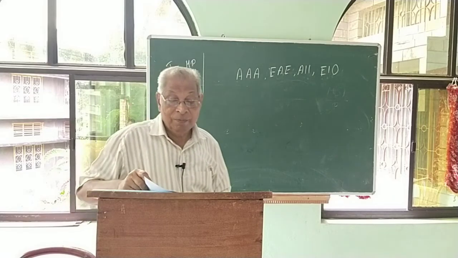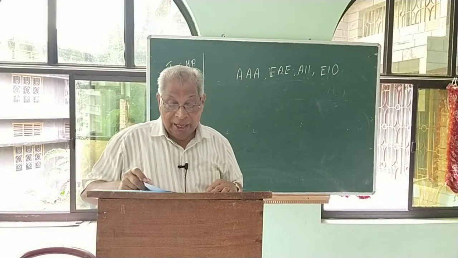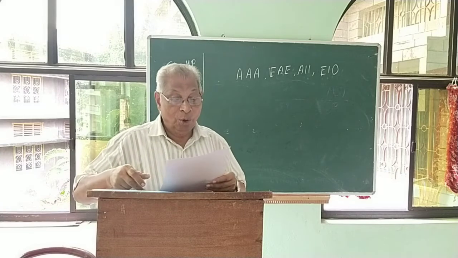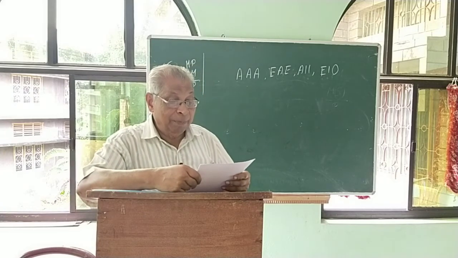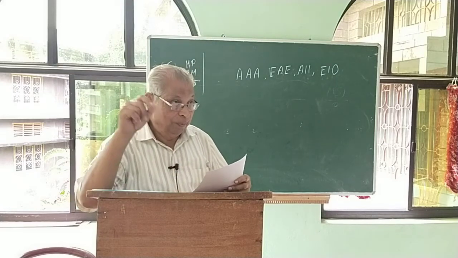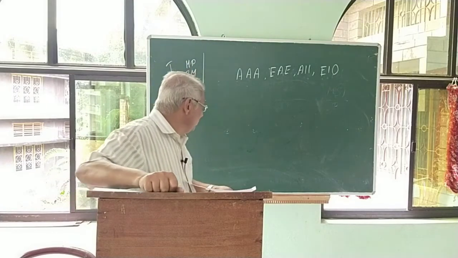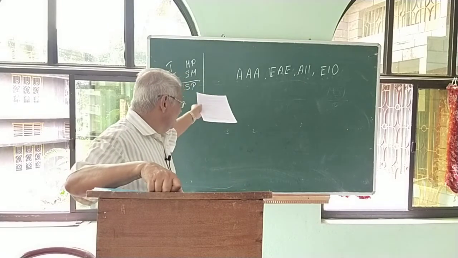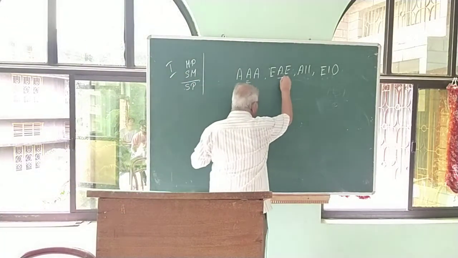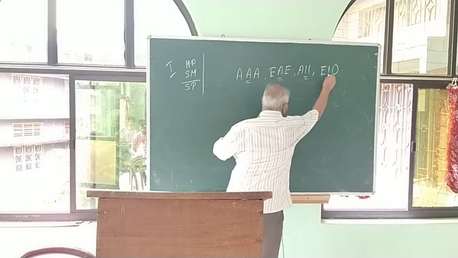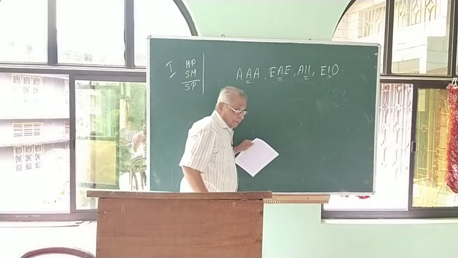Now we'll see whether these rules are valid or not. The specific rules are: the minor premise must be affirmative. Now see whether the minor premise is affirmative or not. A is affirmative, A is affirmative, I is affirmative, I is affirmative.